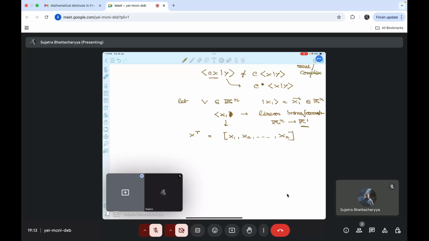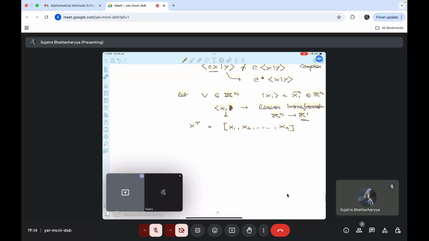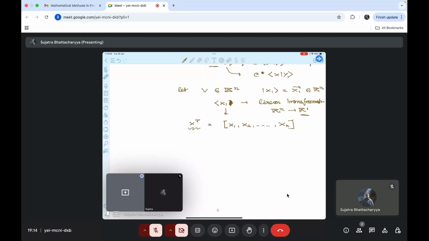So I can write x1 as x1 transpose. What is this x1 vector? It's a column vector: x11, x12, so on up to x1n, because n elements should be there, coming from Rn.